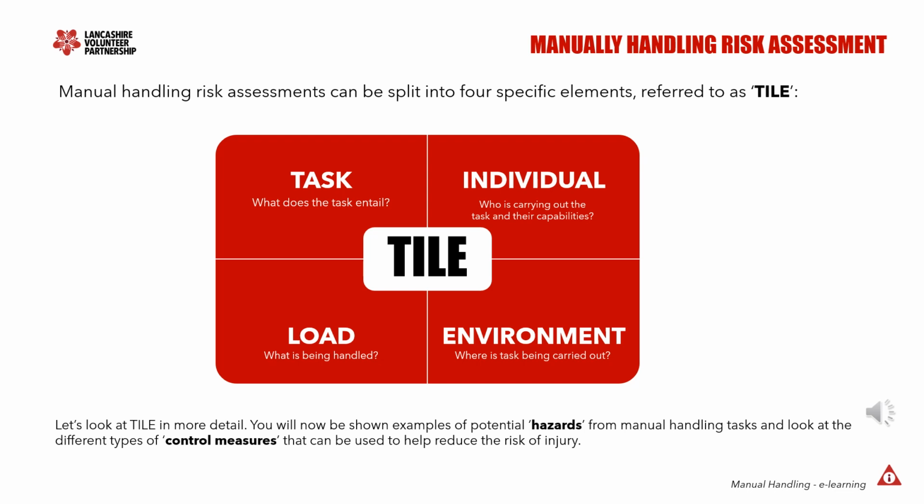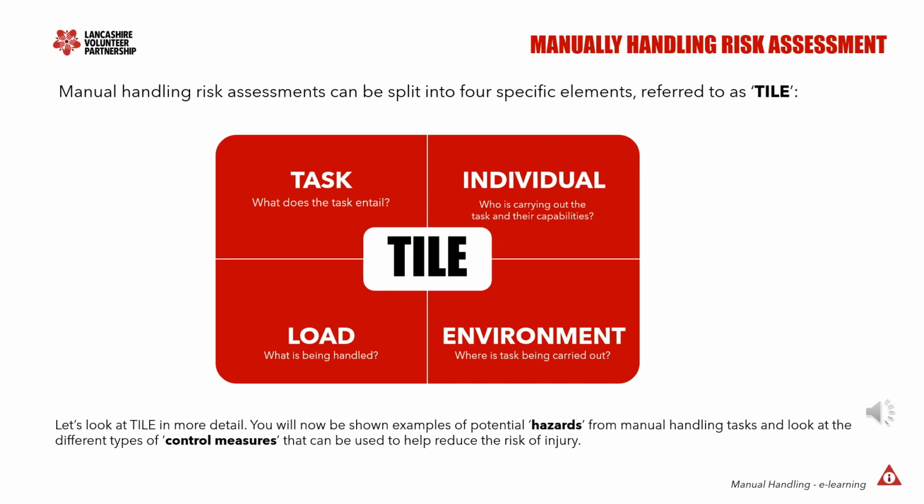Manual handling risk assessment. Manual handling risk assessments can be split into four specific elements referred to as TILE. Task, what does the task entail? Individual, who is carrying out the task and their capabilities. Load, what is being handled.